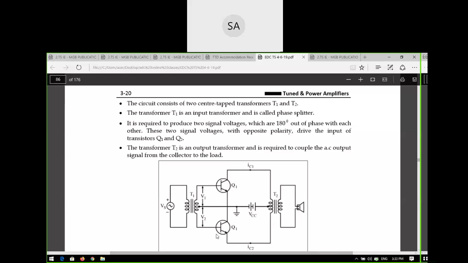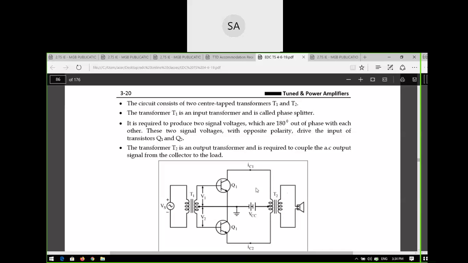The outputs are given at the collectors of each transistor, IC1 and IC2, which are opposite to each other, and they are given to the output transformer. The output transformer is used as a coupling transformer, which couples the output voltage or current to the load, the loudspeaker.